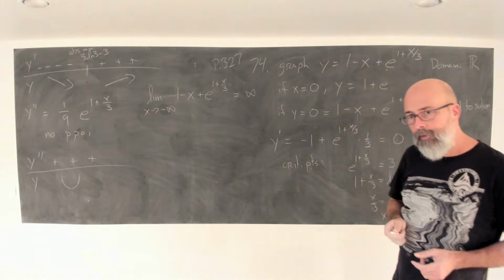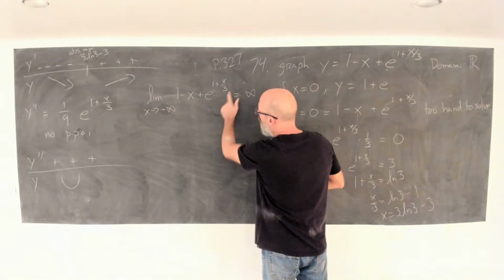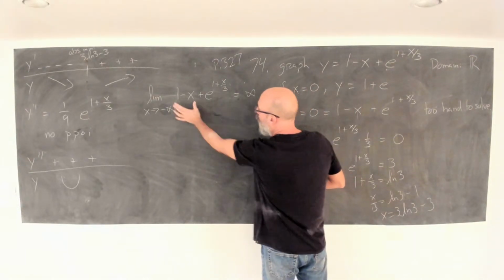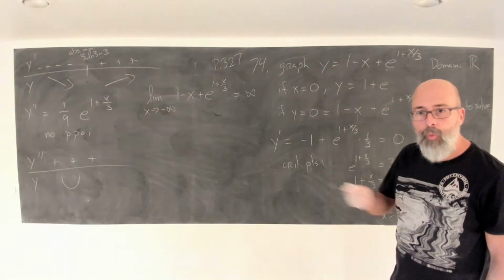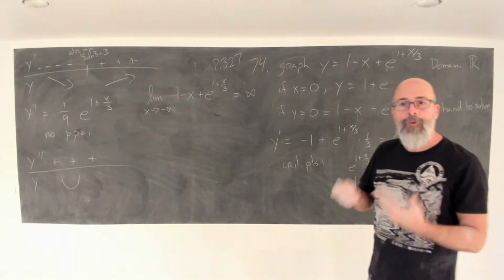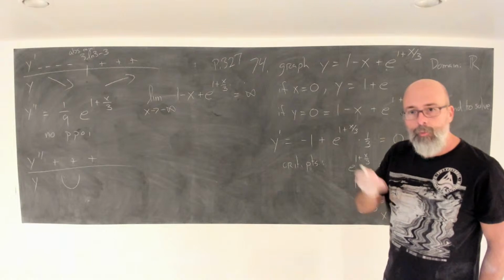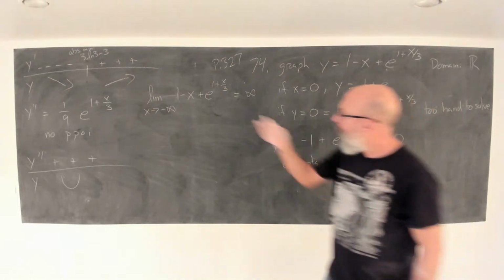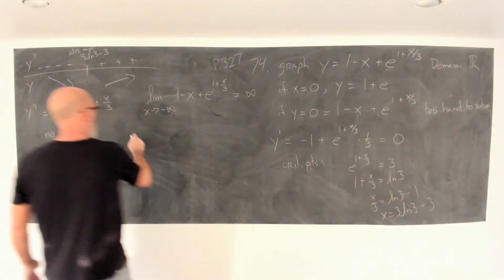But just as important, we argue that this goes to 0, leaving you essentially with just this thing, the 1 minus x. Your function is going to behave like 1 minus x, which is a straight line. You have a horizontal asymptote, we have a slant asymptote here.